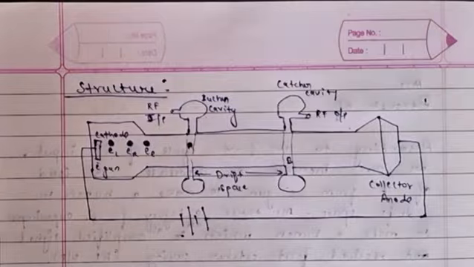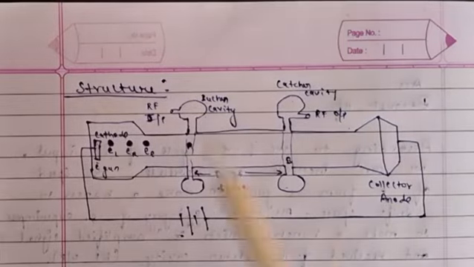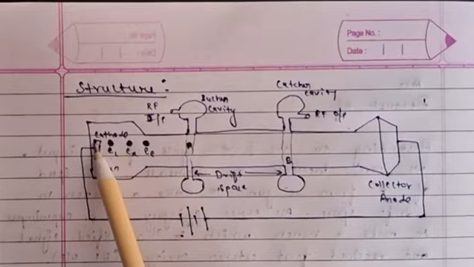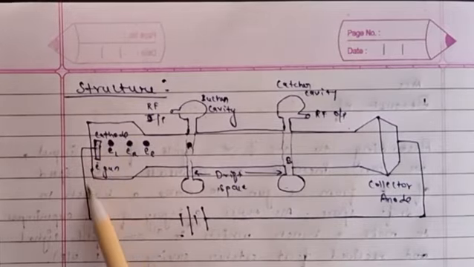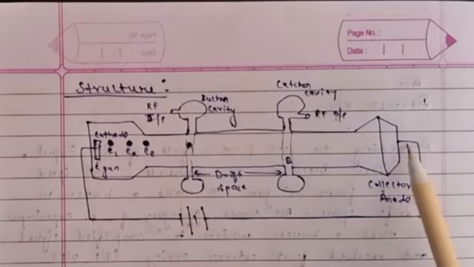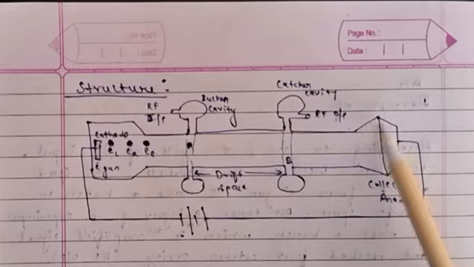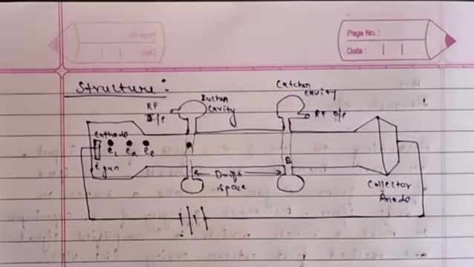Now we have reached the most interesting part of the topic, that is the structure of Klystron tube. So this is the Klystron tube. The cathode or electron gun is attached to negative potential of DC voltage, while the anode or collector anode of Klystron tube is attached to positive potential of DC voltage.